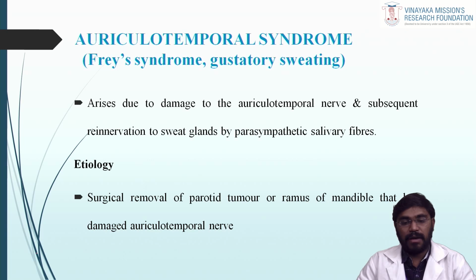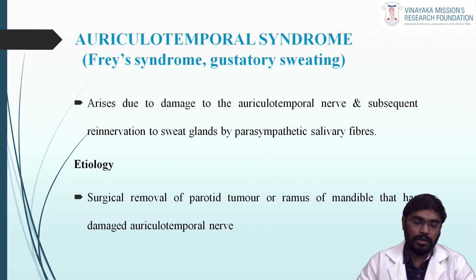It arises due to damage to the auriculotemporal nerve and subsequent reinnervation of sweat glands by parasympathetic salivary fibers. Most commonly it occurs after surgical procedures for parotid tumors or removal of the parotid gland, which involves the ramus of the mandible and causes damage to the auriculotemporal nerves.